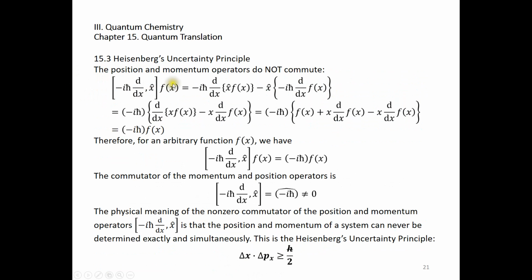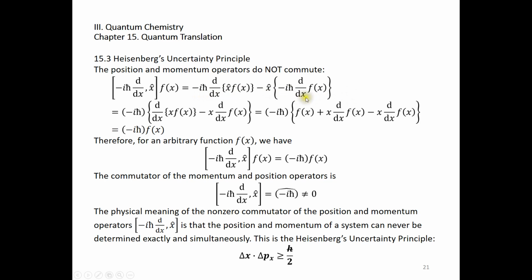The position and momentum operators do not commute. So we can evaluate the commutator of the position operator and the momentum operator. Really, we'll just apply these two operators to function f in a different order. Here we apply x to f first, and then we apply the momentum operator.